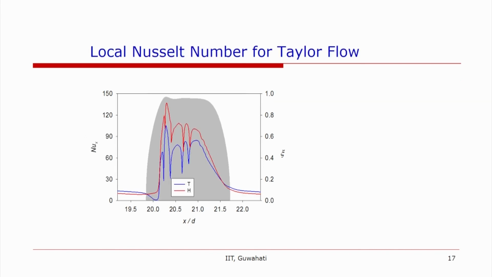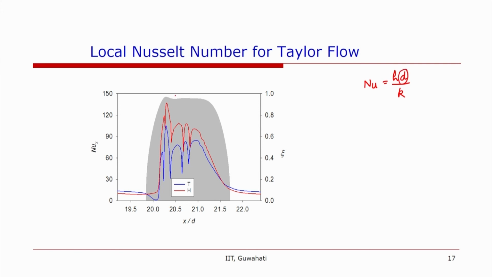Okay. So, then the Nusselt numbers, and these are local Nusselt numbers. You can see that one obtains very high Nusselt numbers in the film region. Let me remind you at the outset that Nu has been defined as equal to H d over K, where we have taken the length scale as the channel diameter.